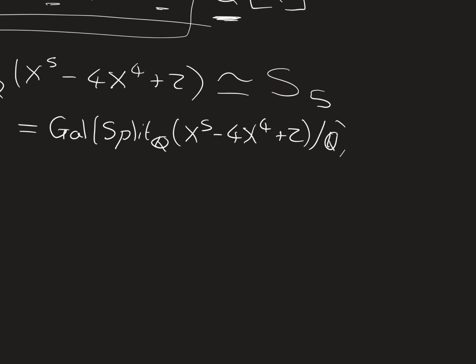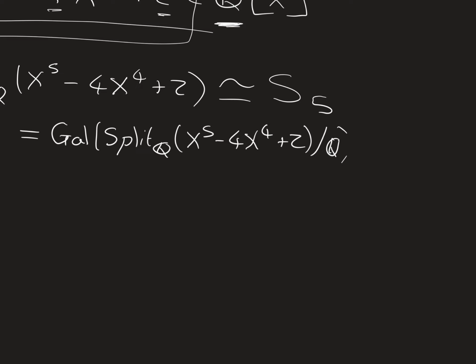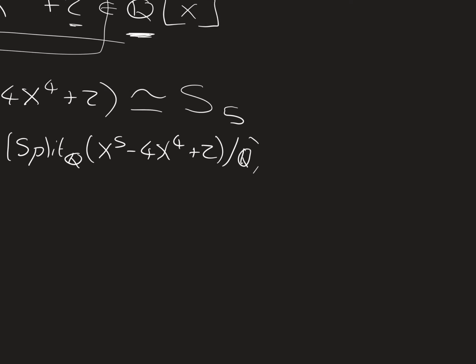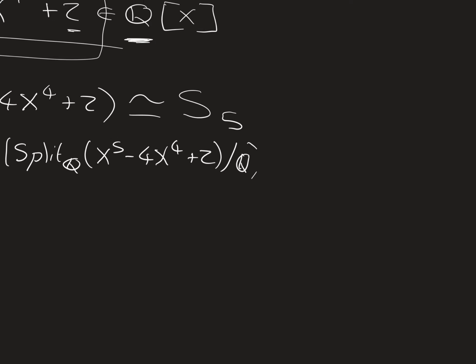Now, it is a fact from group theory that if a group is solvable, then all of its subgroups are solvable. That's not too difficult to show. I won't do it in full, but I'll talk to you about how that would be done.